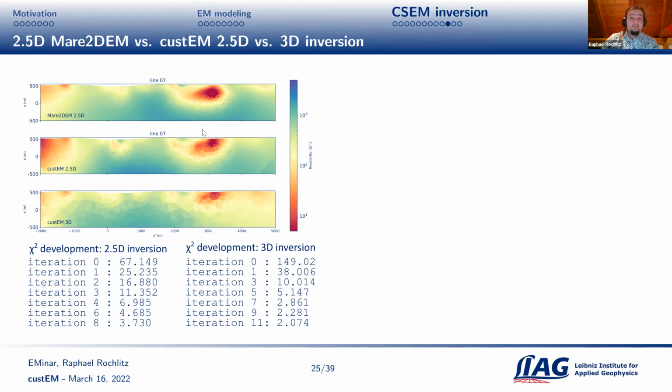More significant is the structure in this area, which is very well covered by our data. And we also see that our 2.5D inversion converges not so nicely as our 3D inversion. So probably the 2.5D inversion has more issues to find a reasonable resistivity model for our 3D data.